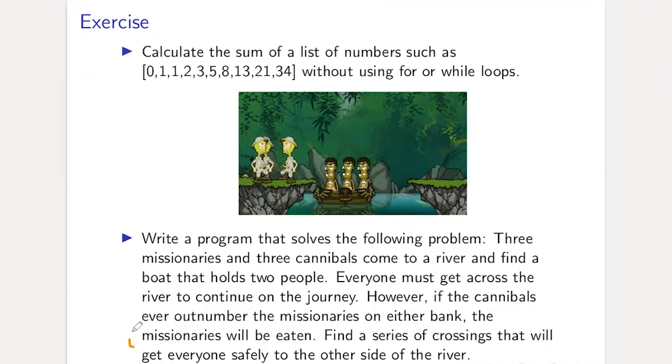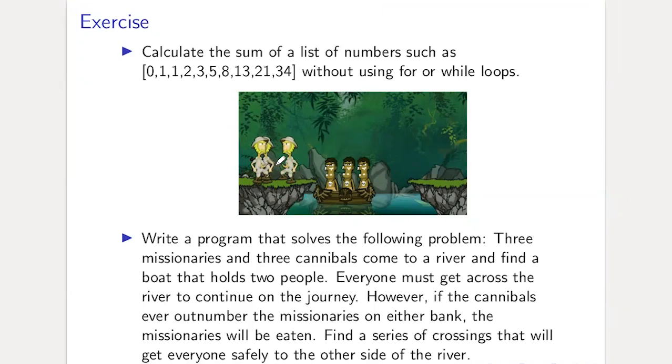So you don't want to get to this problem. So this is like towers of Hanoi, but a different type of issue. You should do the crossings in such a way that at no time on a given bank there are more cannibals than missionaries.